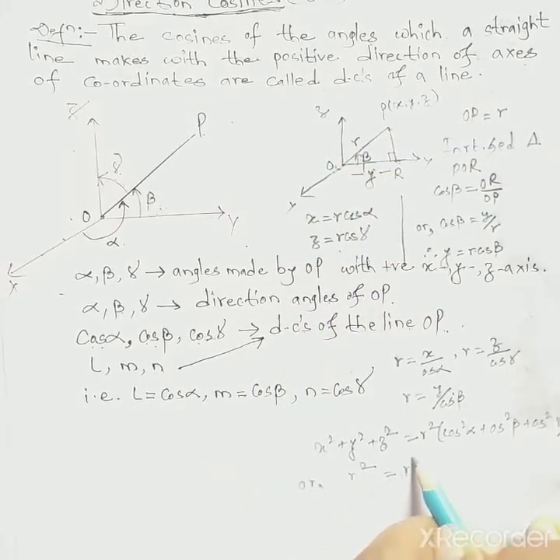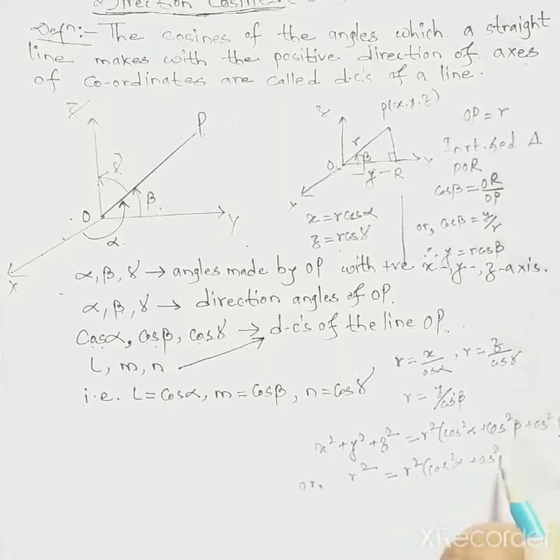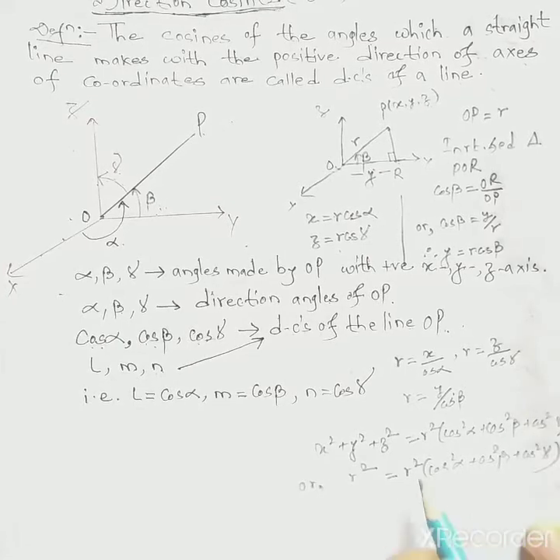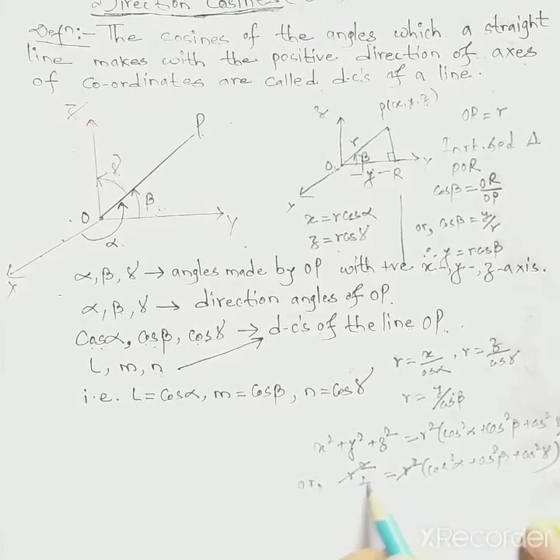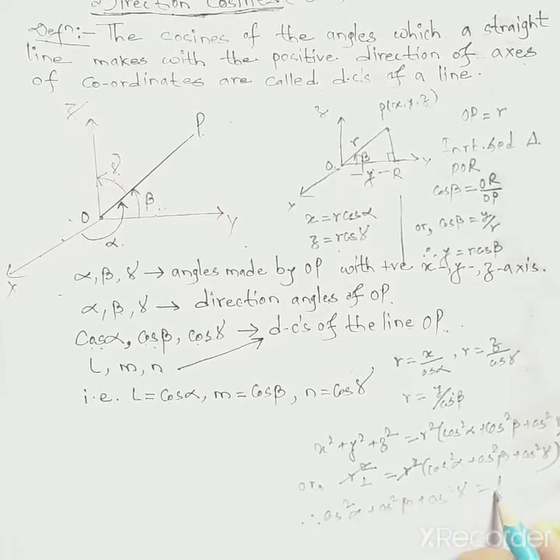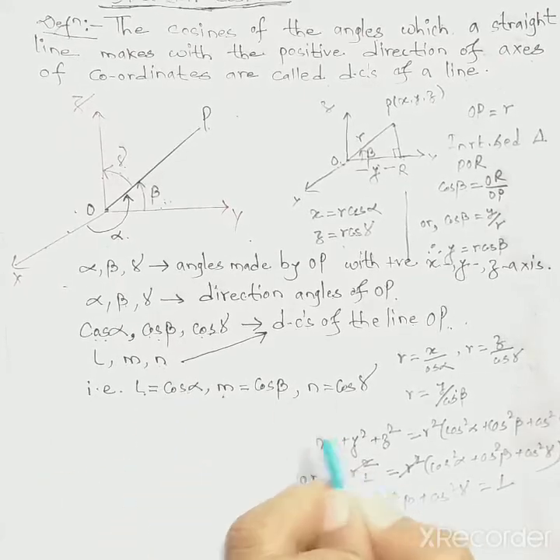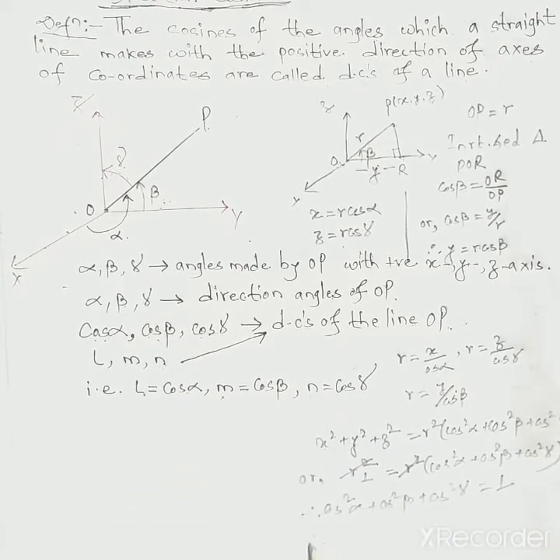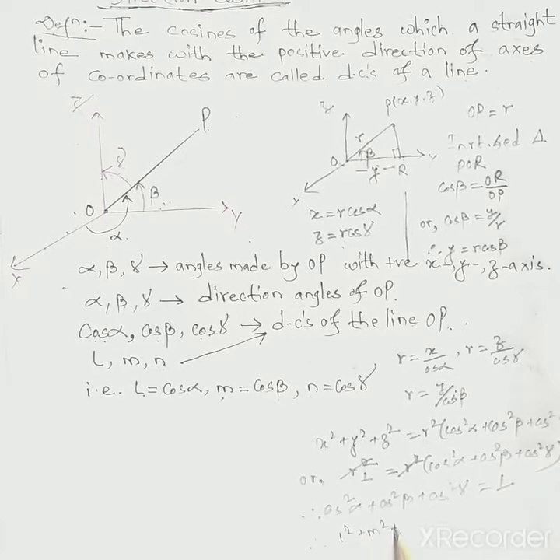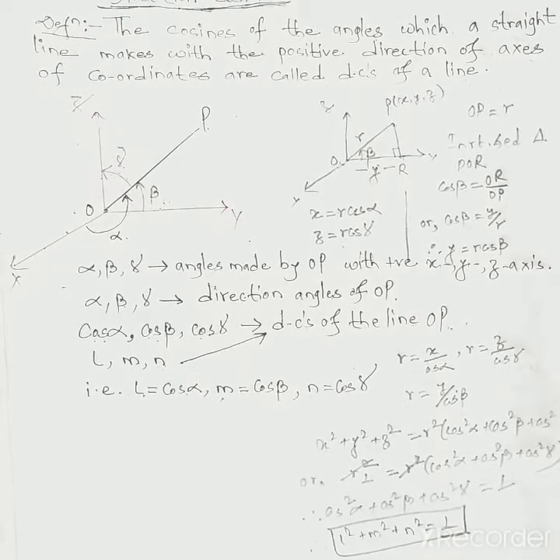So R square equals R square times cos square alpha plus cos square beta plus cos square gamma. So R square cancels out, and therefore cos square alpha plus cos square beta plus cos square gamma equals 1. But cos alpha represents L, cos beta represents M, and cos gamma represents N. So this can be written as L square plus M square plus N square equals 1, which is the important result here in direction cosines.